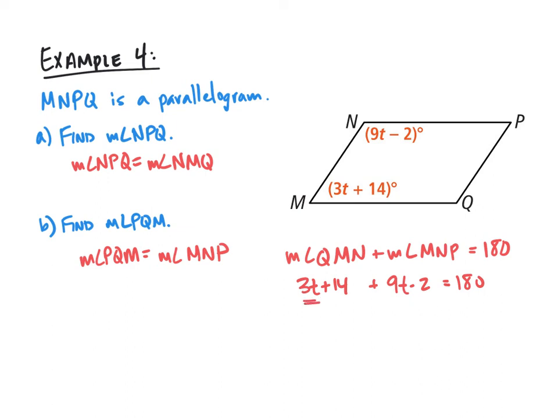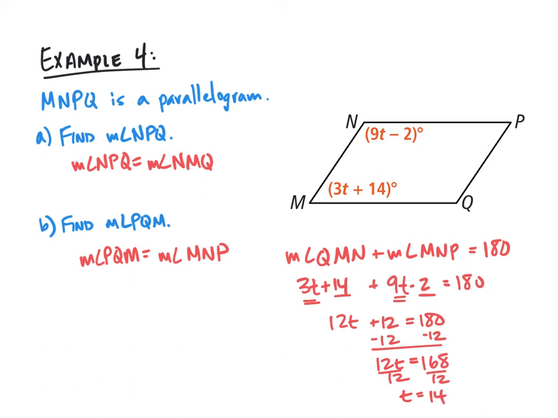I'm going to combine my like terms here and get 12t, combine my like terms here and get plus 12 and say that equals 180. I'm going to subtract 12 from each side, so now I have 12t equals 168. And now I'm going to divide both sides by 12, and t would equal 14.